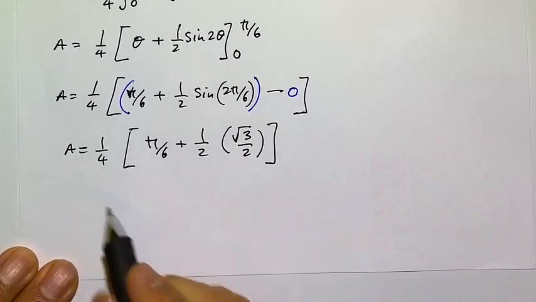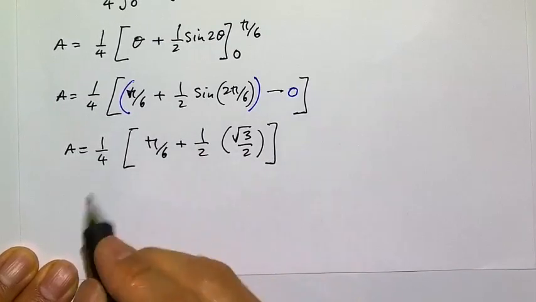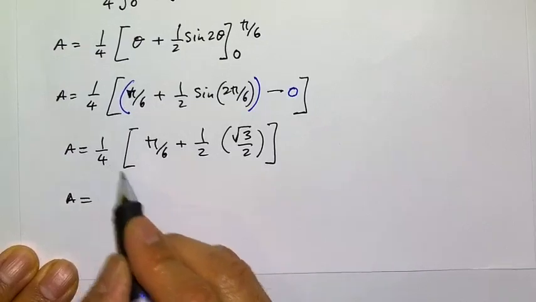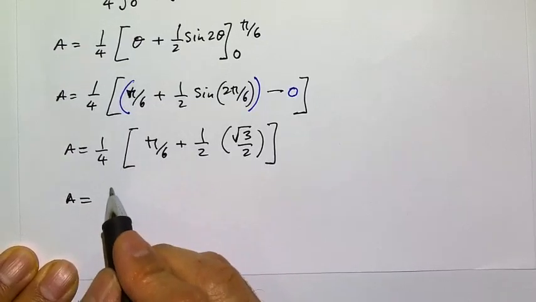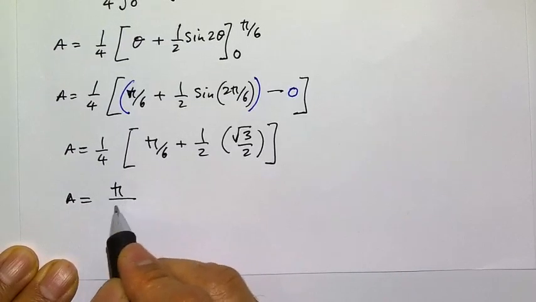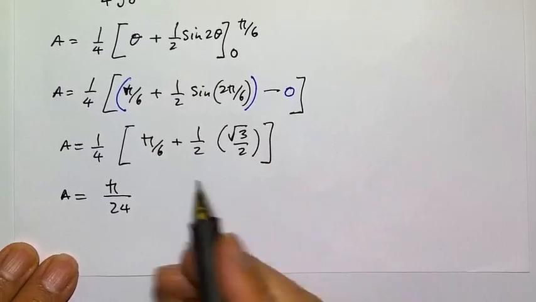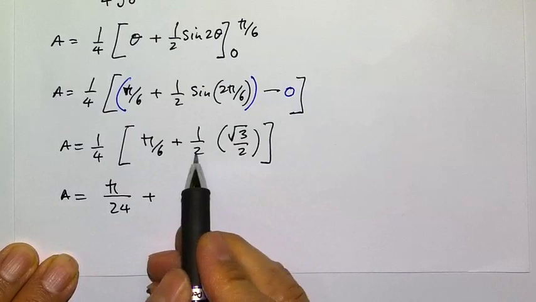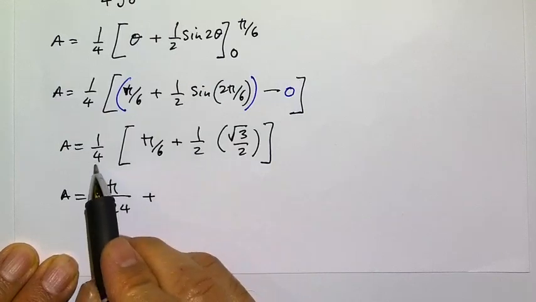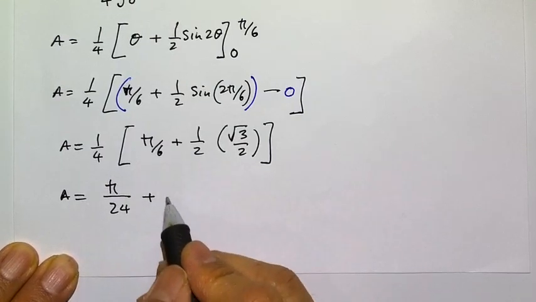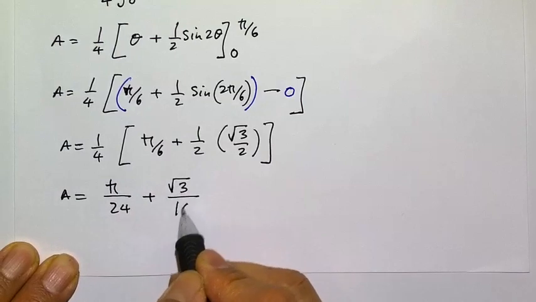So then the area, if we distribute everything through, we get pi over 24 plus, so 2 times 4 and then 4 times 4 is 16. So we get square root of 3 over 16.